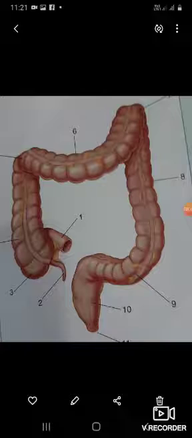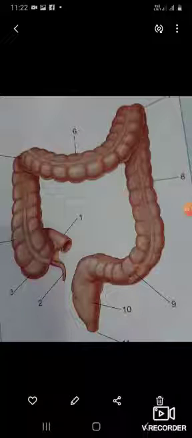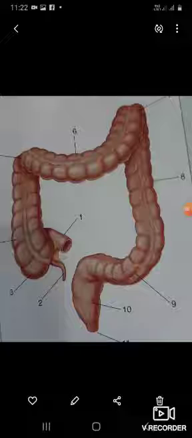Now, number 8. The nerve supply of the large intestine, bearing the lower half of the anal canal, is both sympathetic and parasympathetic. The midgut territory receives its sympathetic supply from the celiac and superior mesenteric ganglia and its parasympathetic supply from the vagus.